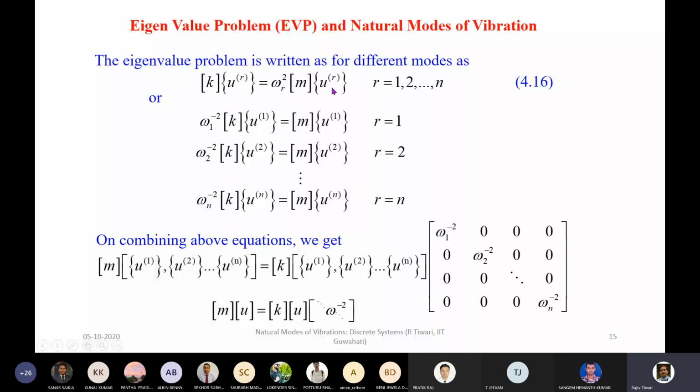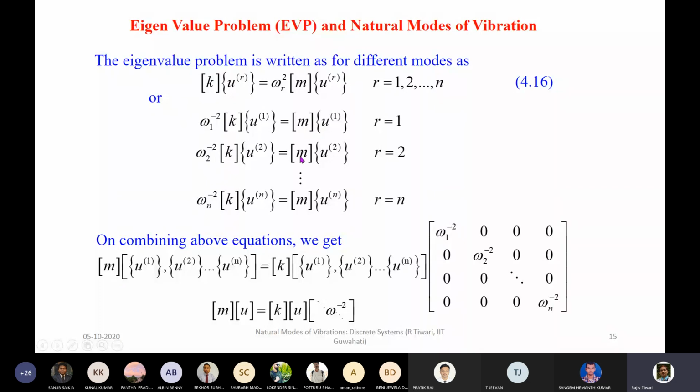If I write this equation for r is equal to 1, I'm bringing the omega this side, so it becomes minus omega squared. So this is for r is equal to 1, r is equal to 2, then r is equal to n. And if we combine the whole n equations in a matrix form, I'm keeping the right side here.